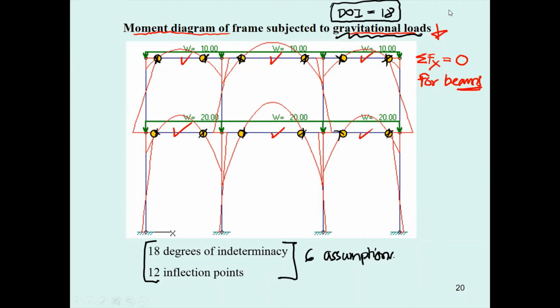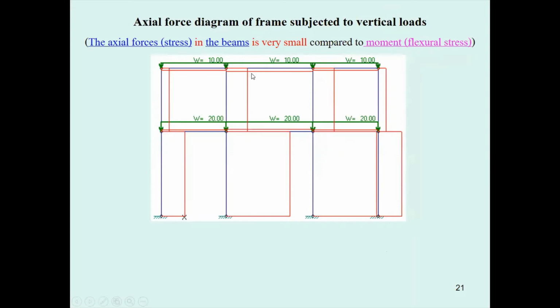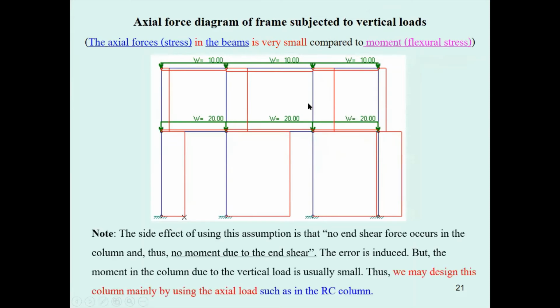You get 6 more conditions based on axial force in 6 beams equal to 0 due to the gravitational load. And if you consider the axial force diagram for this frame, you can see most of the force distributes into the compression on the column.